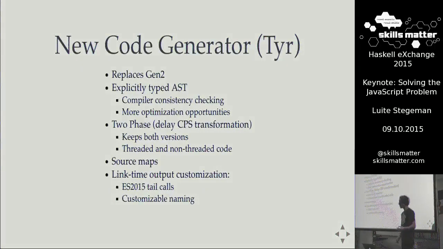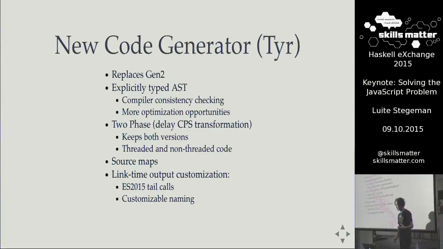The other big project that I've been working on is a new code generator that makes it easier, and possible, to select at link time what kind of program you want. For that, we replaced the completely untyped AST by switching from the untyped current AST to a typed intermediate language.